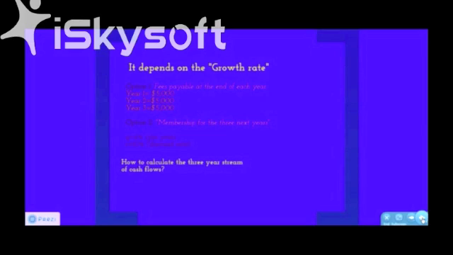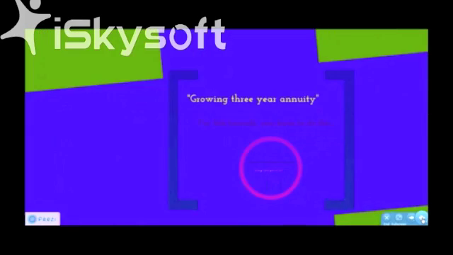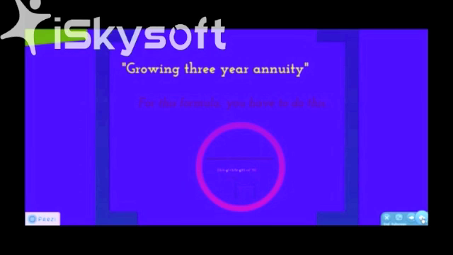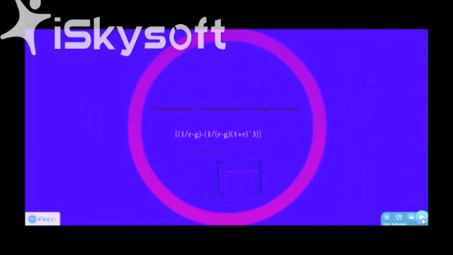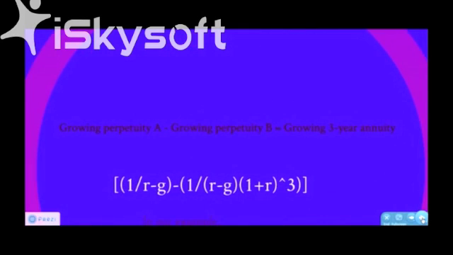In option 2, membership for the next 3 years, g equal to 6% per year, r of 10% discount rate. How to calculate the 3-year stream of cash flows? Growing 3-year annuity. For this formula you have to do this: growing perpetuity A less growing perpetuity B equals growing 3-year annuity. And that is the formula.